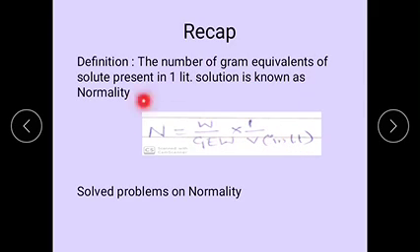If the volume is in milliliters, we take N equals W by GEW into 1000 by V in milliliters. We also discussed some problems based on this principle.